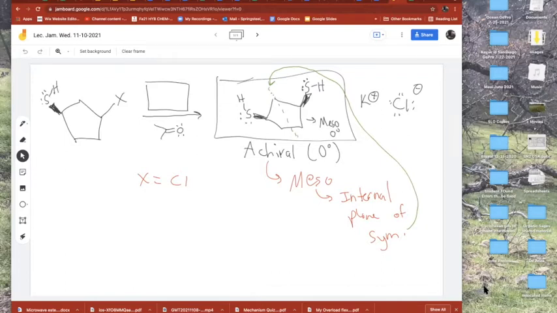I'll make it red. I don't know why I didn't make the other one red. SH minus, right? And what kind of spectator ion am I going to have here? It's going to be the potassium, right? Because that's what showed up on the product side.